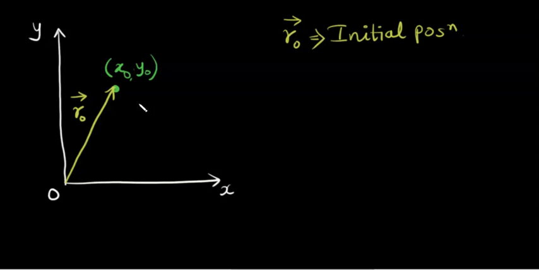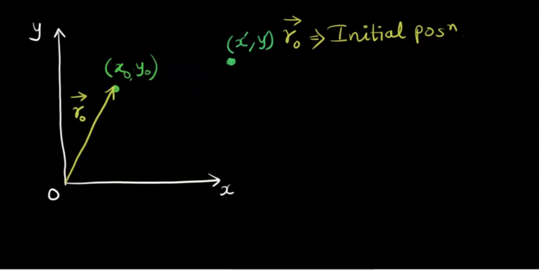And let's say after some time you find the particle at some other point. Let's say you find it here. Let's say this is the x and y position. Let me call it x dash, y dash, because x, y we have already taken for denoting the axes. So here x dash, y dash is the final position of the particle.